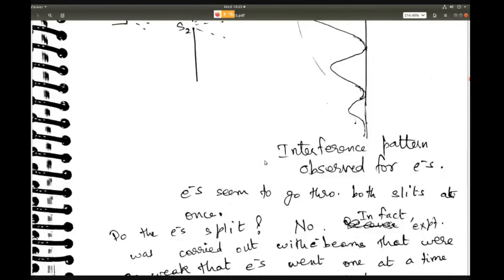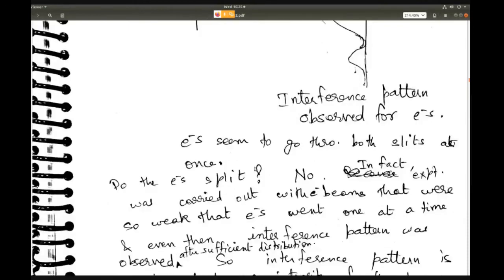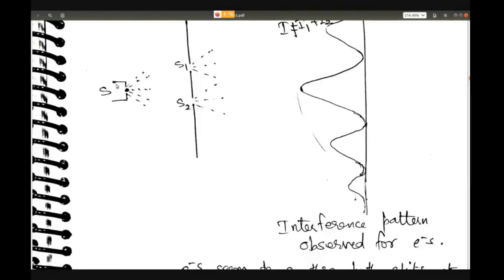Before I go into that part, people thought, okay, what if the electron source is weak? If the source is emitting very few electrons per second, there are so few that electrons can go only one by one.